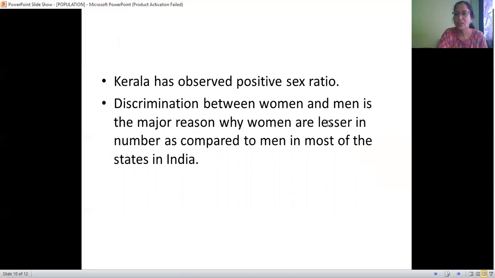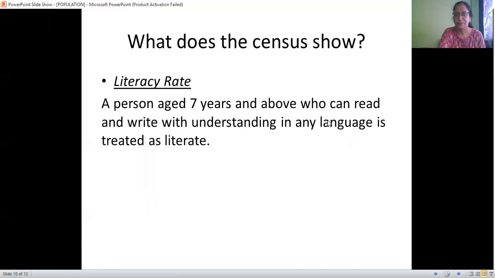They are considered a burden to the families. Even child marriage exists in society, and the girl child is always unwelcome, and they are aborted before birth. So this is the main reason why women are fewer in number compared to the men.